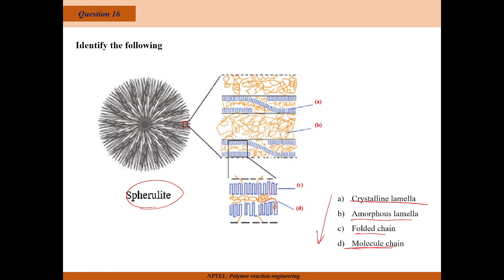It will be crystalline itself, but we are just focusing more closely. Even if it is forming a crystalline region, there will be an amorphous thing running in between. This part showing the crystalline nature is called the folded chain, and the amorphous chains running in between the crystalline part are called the molecule chain.